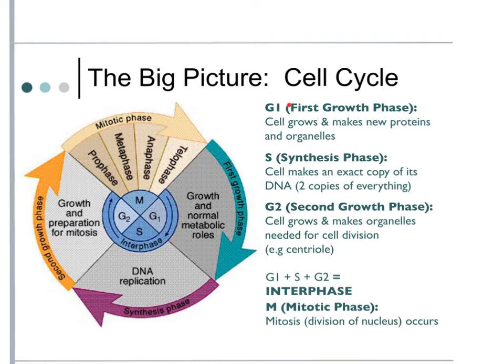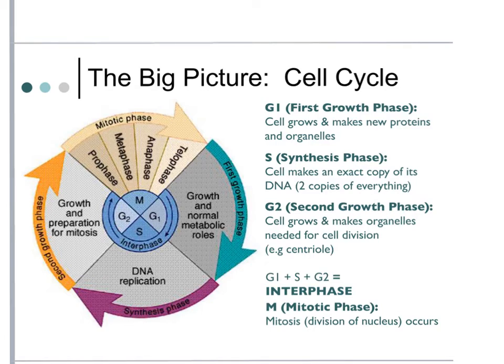So first growth phase is G1, synthesis phase is S, and second growth, so G2 phase, in this phase, the cell grows and makes organelles specific for cell division. So basically, centrioles is an example of that.